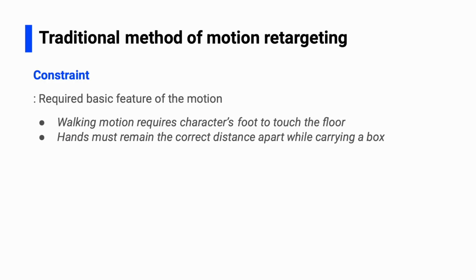So what is a constraint? It is introduced in mathematics, meaning a specific condition that we have while solving optimization problems. In this paper, constraints are required basic features of the motion. For example, a walking motion requires the character's foot to touch the floor. Also, the hands must remain the correct distance apart while carrying a box.